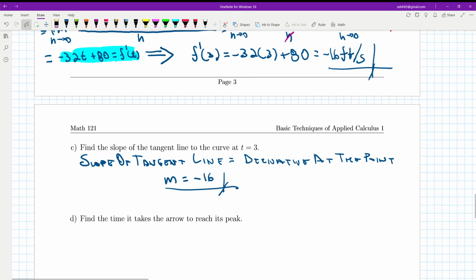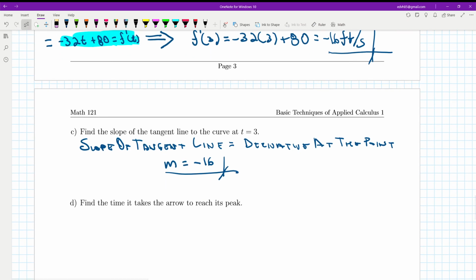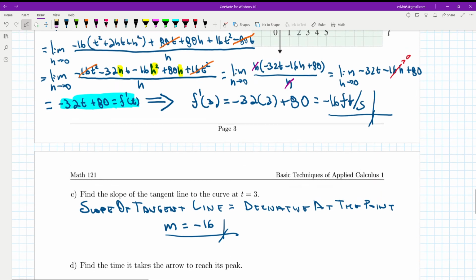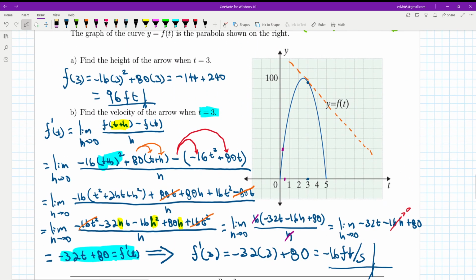Now find the time it takes the arrow to reach its peak, that is, to reach the maximum height. All right, so how are we going to solve this problem? Number one, see how at this point there is a line with some slope, then another line with another slope.